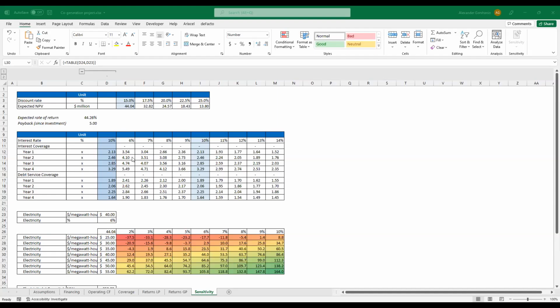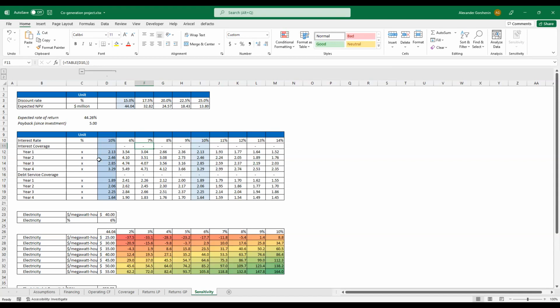So we can calculate the effect of different interest rates on various ratios important to lenders, like interest coverage and debt service coverage.